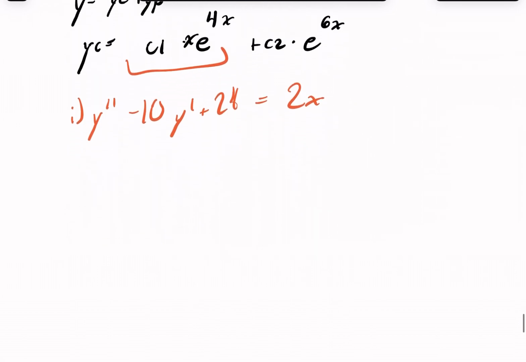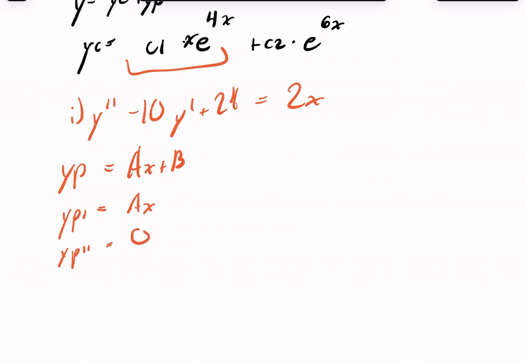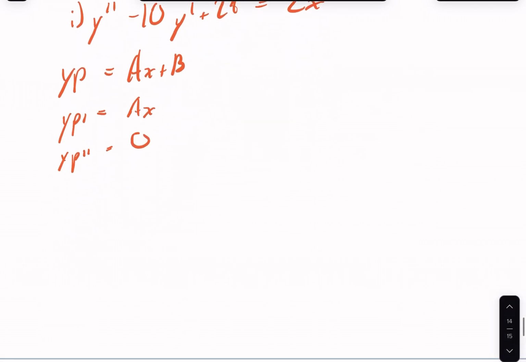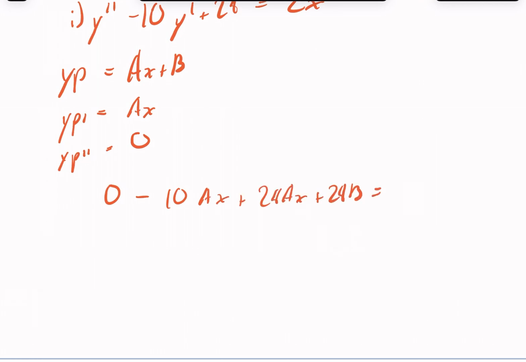My guess here for my particular solution is yp equals ax plus b, yp prime equals a, and yp double prime equals 0. So plugging that in, I get 0 minus 10a plus 24ax plus 24b equals 2x.